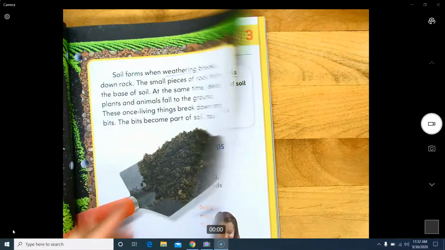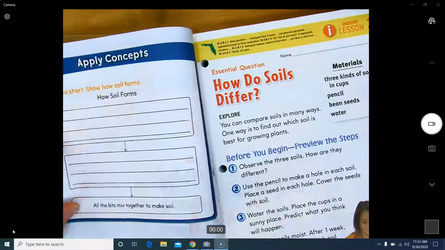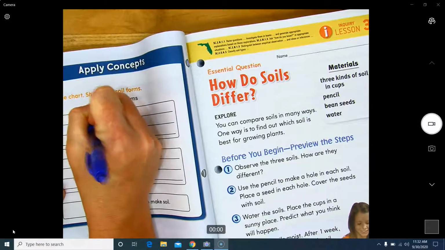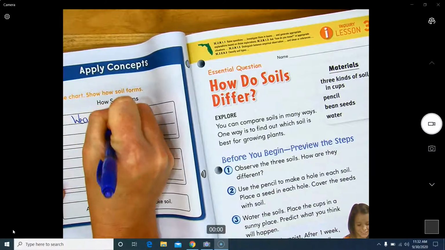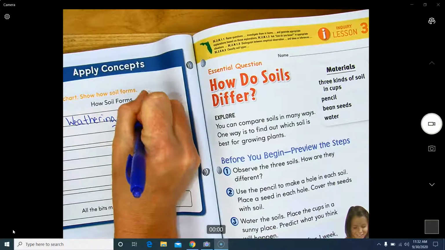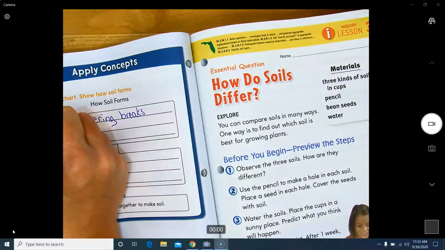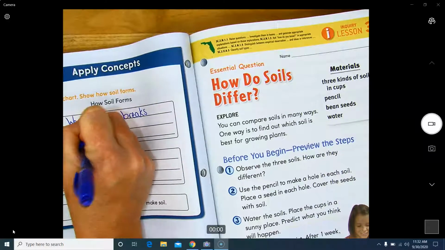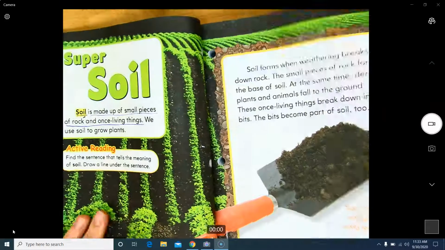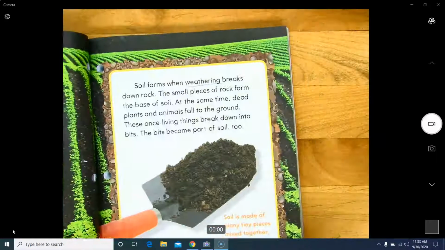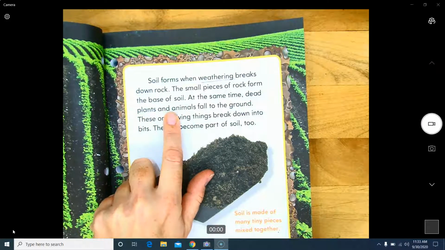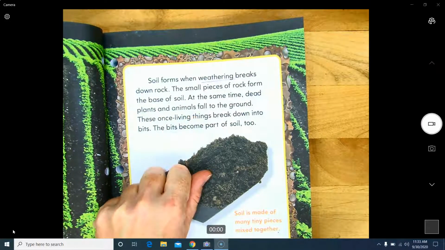When weathering breaks down rock. The small pieces of rock form the base of the soil, and dead plants and animals fall to the ground.